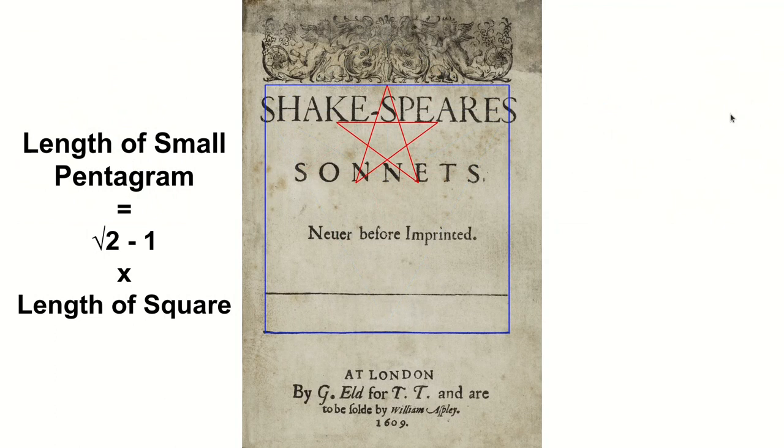And then we've got the third pentagram, the small pentagram, which is defined as being the right way up, thank goodness. There's nothing wrong with upside down pentagrams in 1609, incidentally. It's defined as starting from its top apex vertex halfway along here, and has a length of root 2 minus 1 times the length of the square.